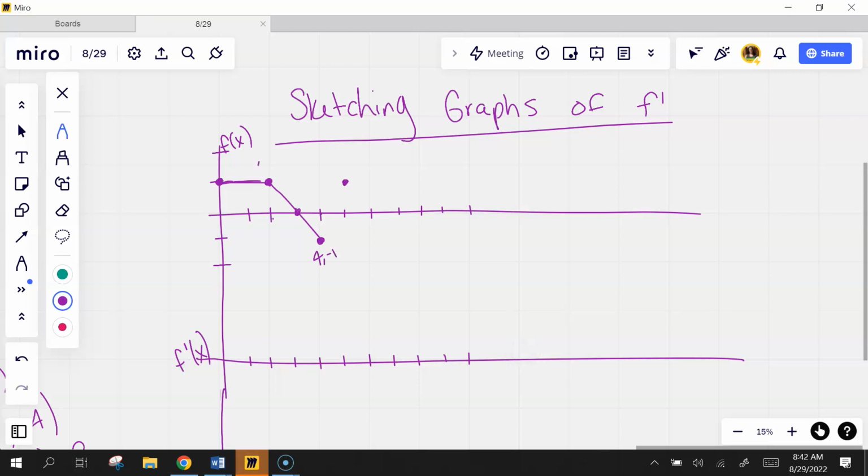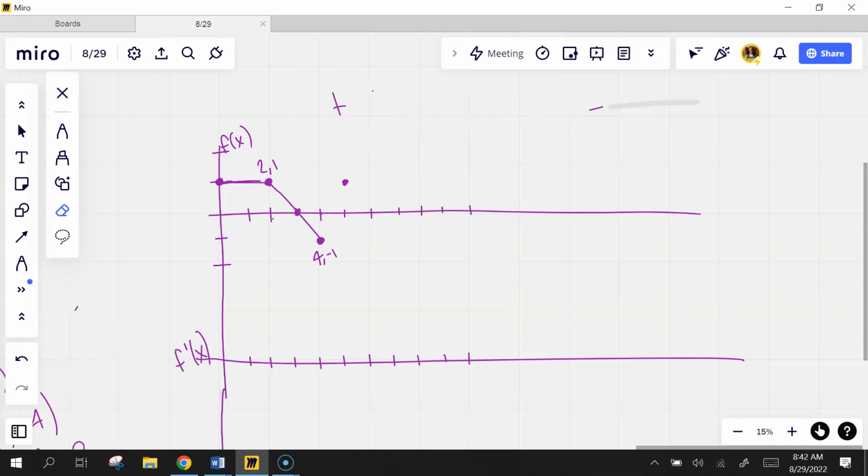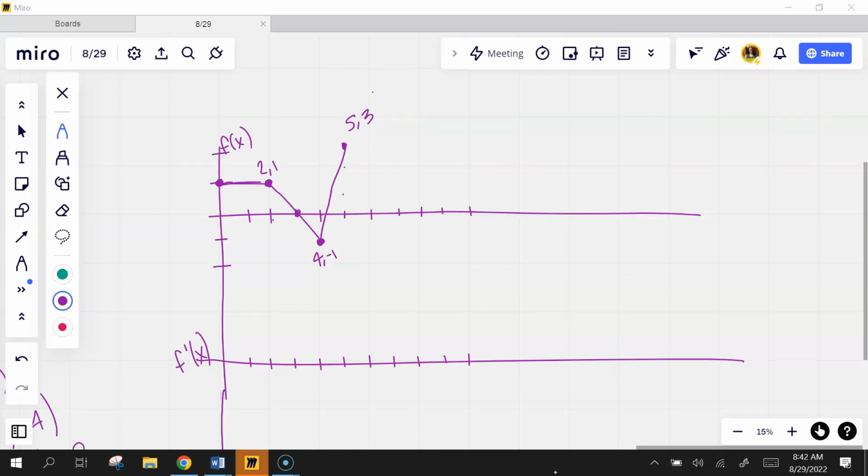So this is 2, 1. Sorry, this point's actually going to be 5, 3. It's off scale.